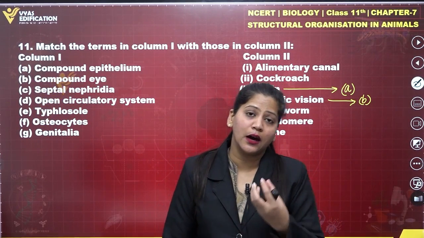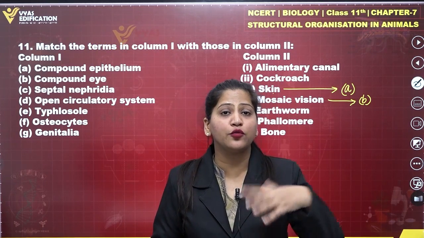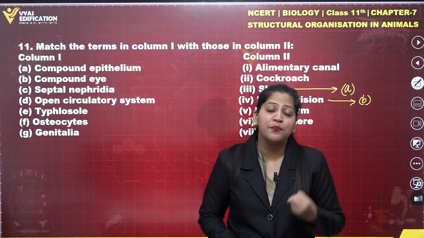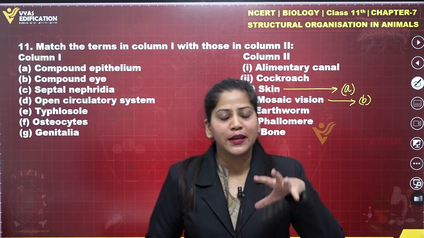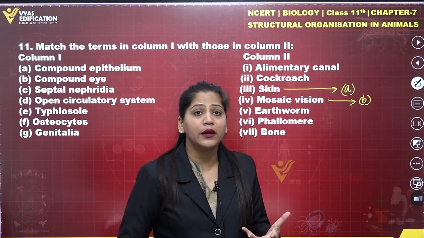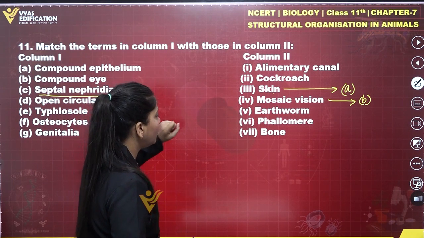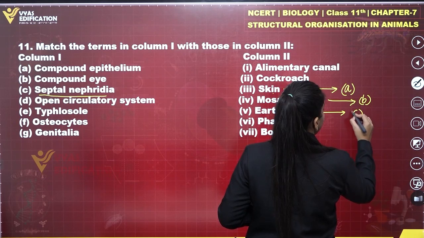It is an excretory organ present in earthworms. Basically we have 3 types of nephridia: septal nephridia, integumentary nephridia, and pharyngeal nephridia. So obviously septal nephridia you will find in earthworms. This is the answer for C.